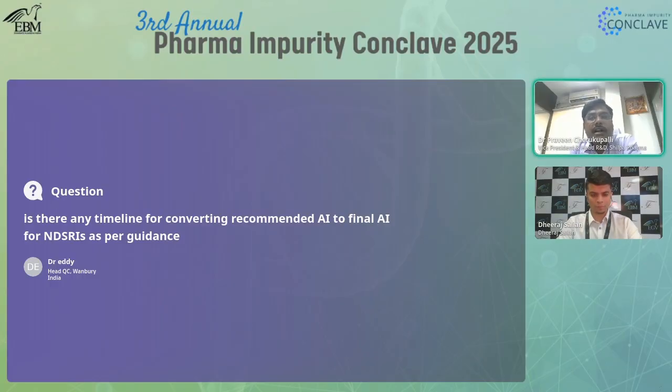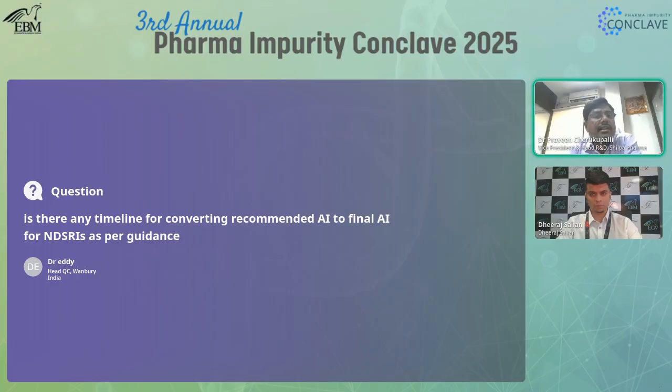If you are having a CPCA approach with an acceptable intake limit, then when the authority publishes the limit, they will give the implementation date for that acceptable intake limit, and then you have to follow. Suppose for varenicline, the FDA has given some time for the relaxed AI limits.